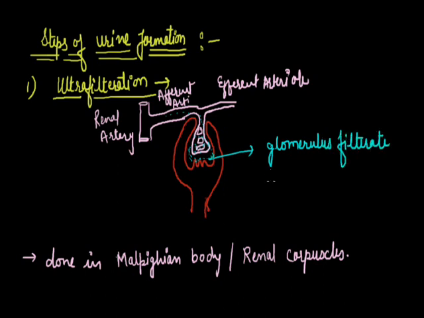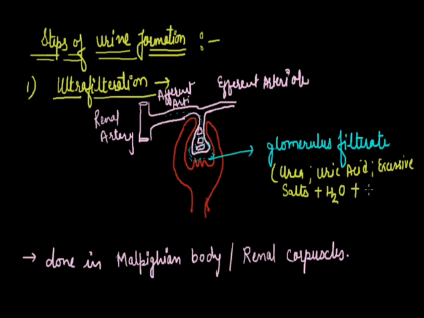In this glomerular filtrate, not only excretory waste like urea, uric acid, excessive salt and water are present, but also various beneficial products like glucose, amino acids, etc., which are actually required by the body. So this is the ultrafiltration, that is, the glomerular filtrate. It's a filtration of blood, so it is isotonic to blood.